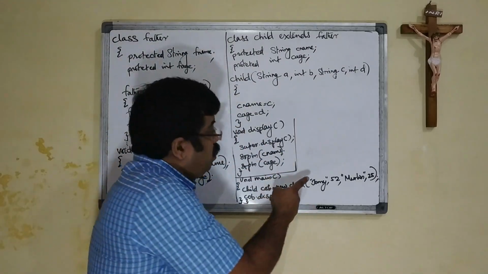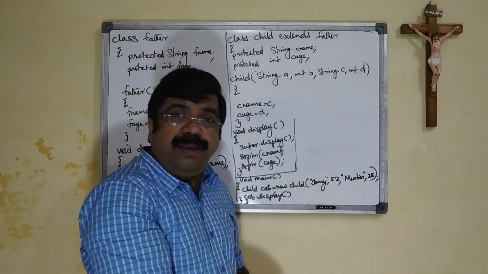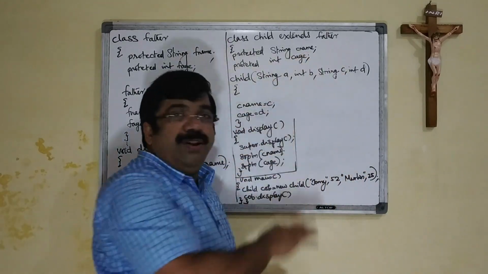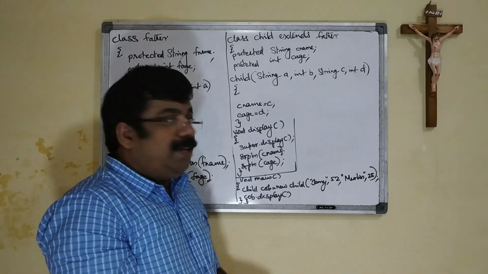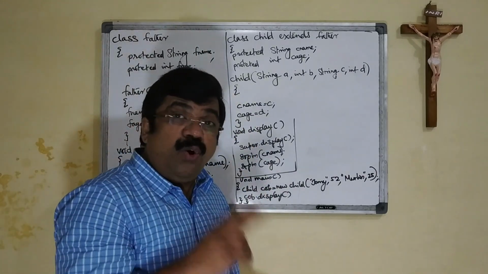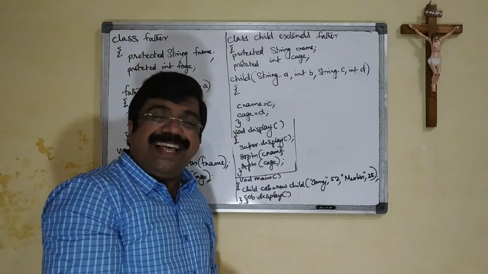When we pass, Johnny will go to A, 52 will go to B, Merlin will go to C, 25 will go to D. Now, it is not said which values will go to the base class or how.